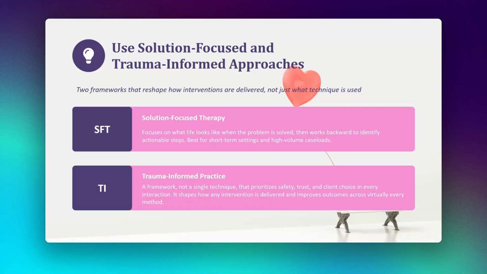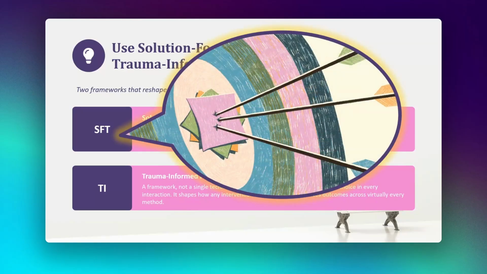Instead of spending session time exploring the history and roots of a client's problem, SFT asks the client to imagine what life looks like when the problem is already solved. And then it works backwards to find the small, concrete steps that move toward that picture.